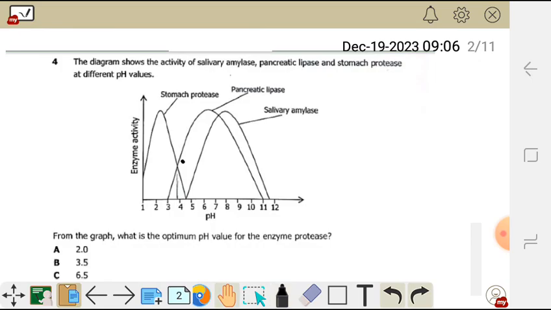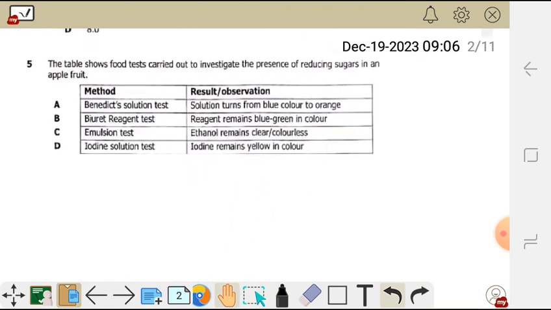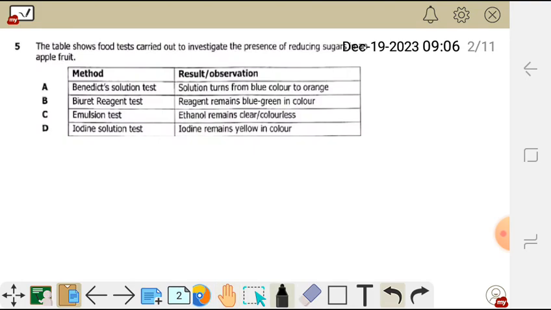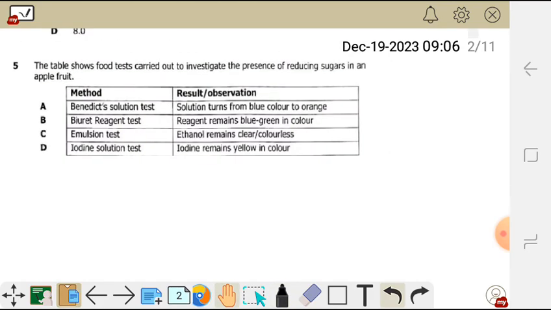We move on to question 5. So question 5 reads, the table shows food tests carried out to investigate the presence of reducing sugars in an apple fruit.